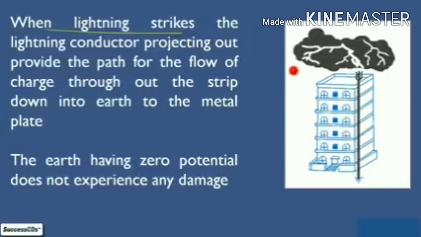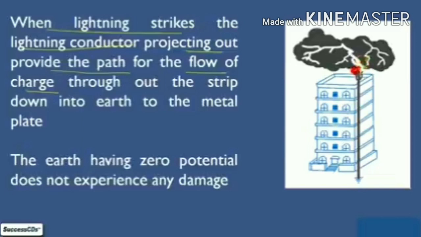Now, how does this device protect the building? When lightning strikes, the lightning conductor projecting out provides the path for the flow of charge throughout the strip. The lightning conductor is taller than the building. Whenever there is lightning, it provides the path for the flow of charge.